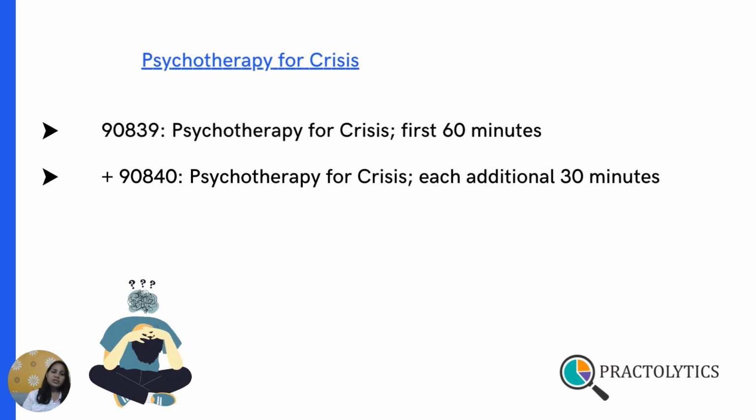The first one is CPT 90839 for psychotherapy for crisis, first 60 minutes. Likewise, we have an add-on code, 90840, psychotherapy for crisis, each additional 30 minutes thereafter. This length is again face-to-face time, not including any administrative or documentation time.